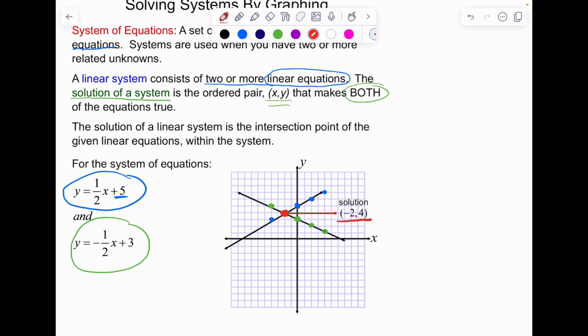If I plug this solution into either of the equations given, let's see if it works. Does 4, which is the y value, equal 1/2 of x, which is -2, plus 5? Well, that's -1 plus 5, which does equal 4. So that definitely works for the first equation.